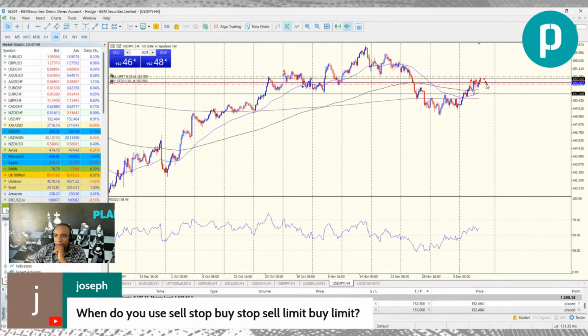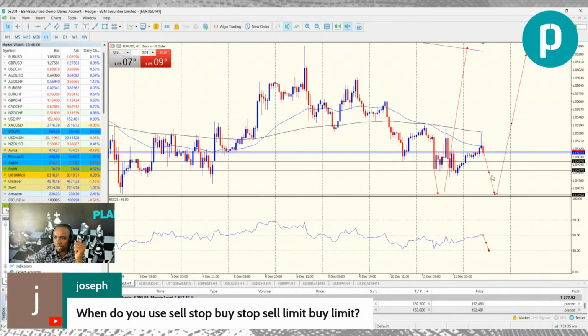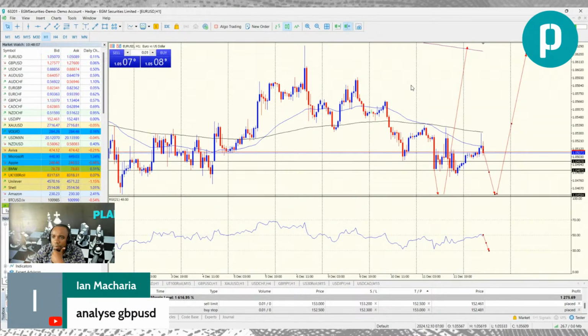Yeah, the reverse is true. A sell stop order is an order you place when you expect price to sell. So for example, during news, if you expect something to sell, like in the case of Euro USD here, you can come here and say, I'm looking for a sell. Current market price is 1.0507. So you come here and say, I want to put a sell stop order at 1.0500.